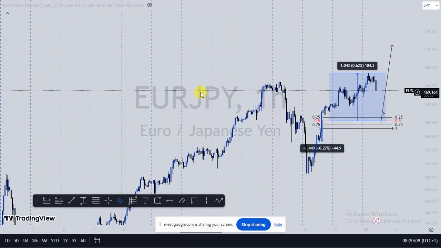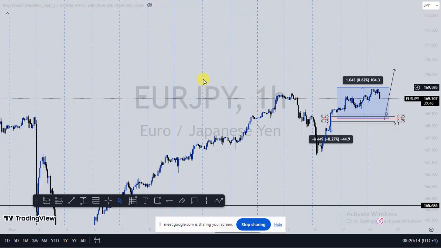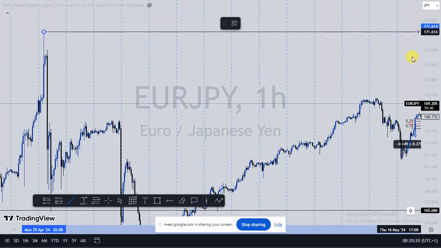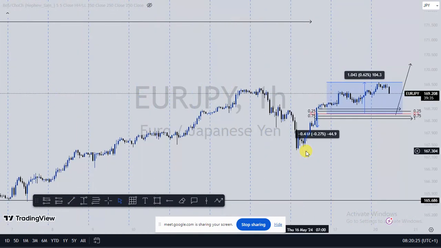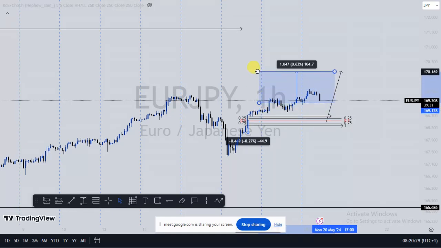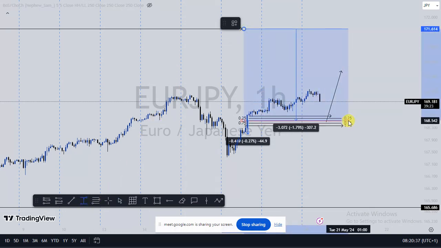For this high, that should be the ultimate draw on liquidity if you can hold. It's still a good trade. Around 300, so around 1 to 10.